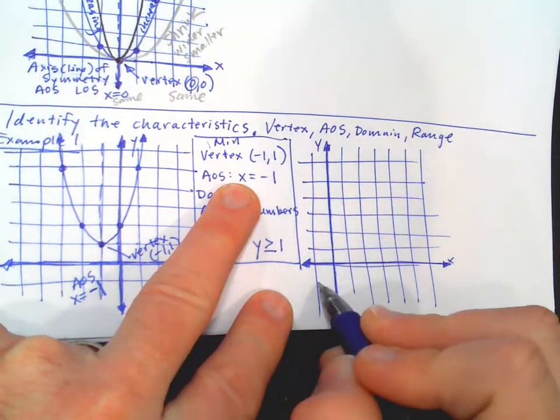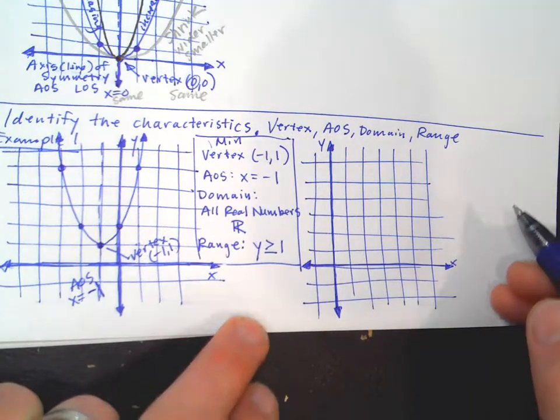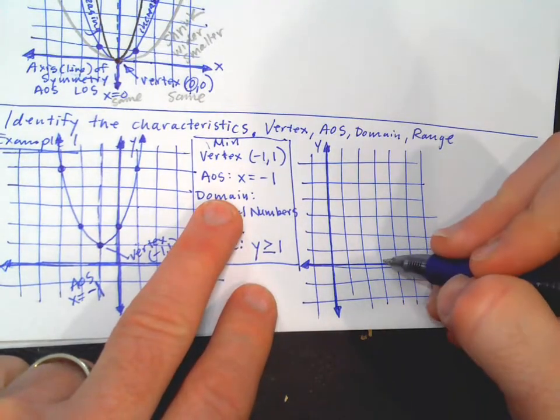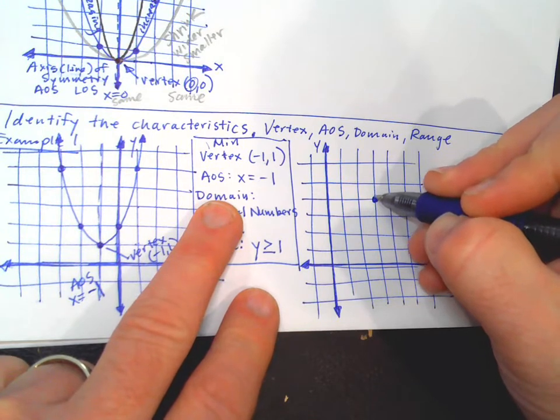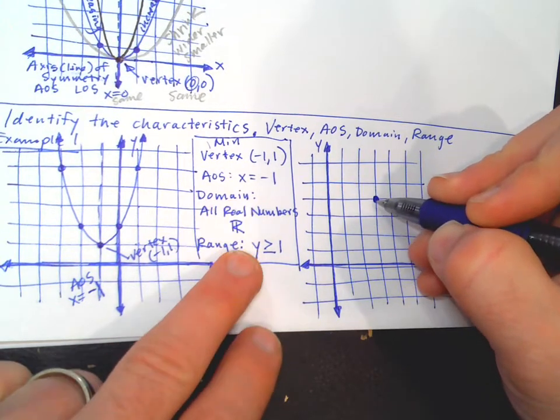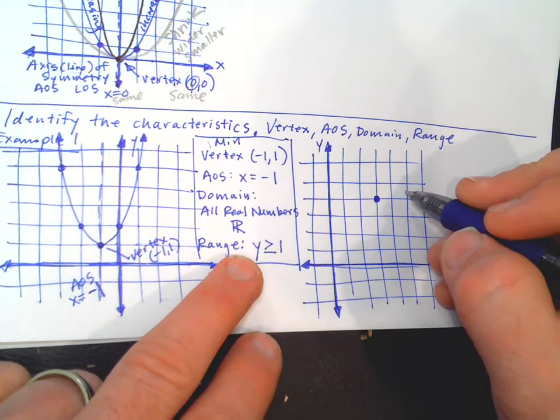And if you do this on graph paper, it's a lot easier. Okay, this one, the vertex is going to go over 3, up 4. So this is going to be that point right there.